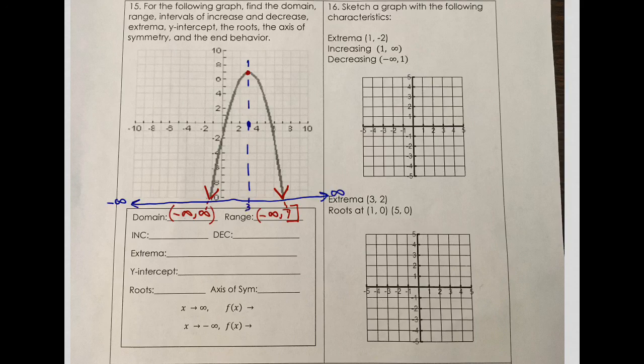If you start here and you start walking up, you would be going uphill, so you would be increasing. Once you get to the top here, you stop increasing and you start decreasing, going downhill. So from negative infinity to 3, you're increasing. And from 3 to infinity, you're decreasing. We just write that out: increasing from negative infinity to 3, and from 3 to infinity, we're decreasing.